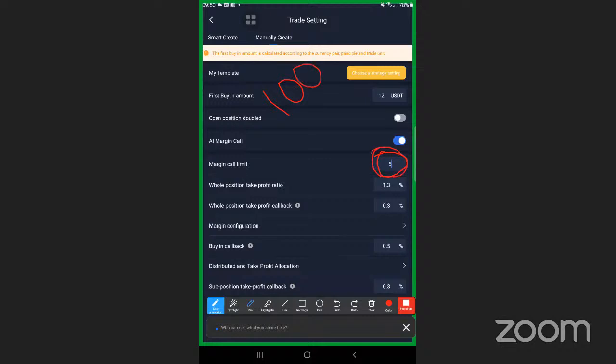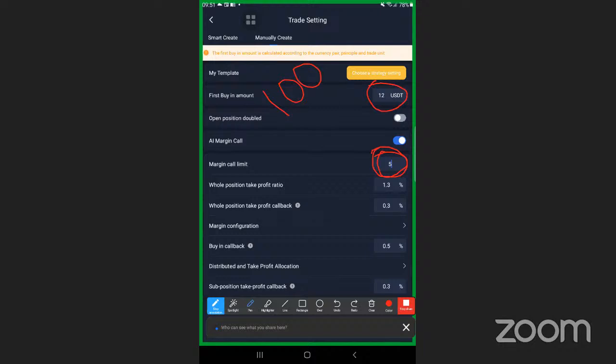Now, when we insert our first buy-in amount, let me say as an example, this is our first buy-in amount, which is $12.